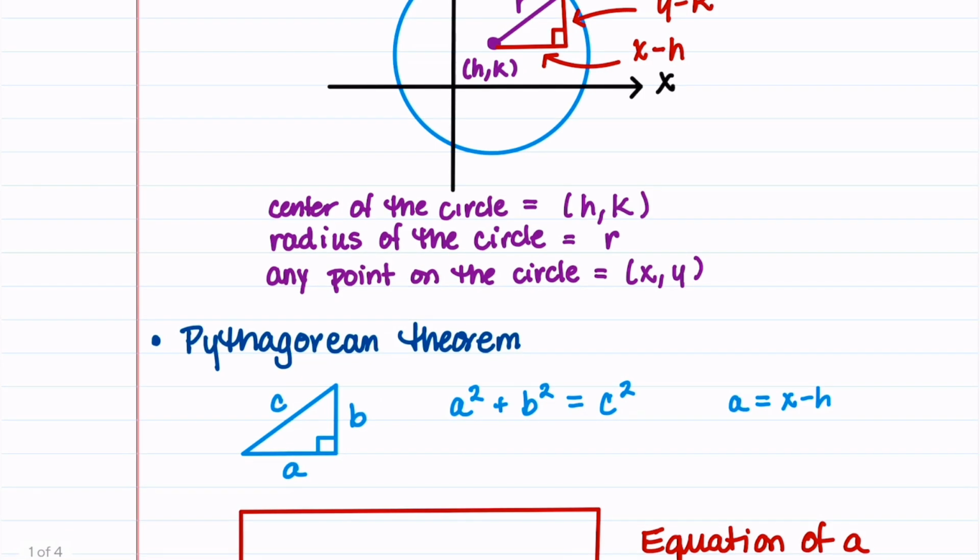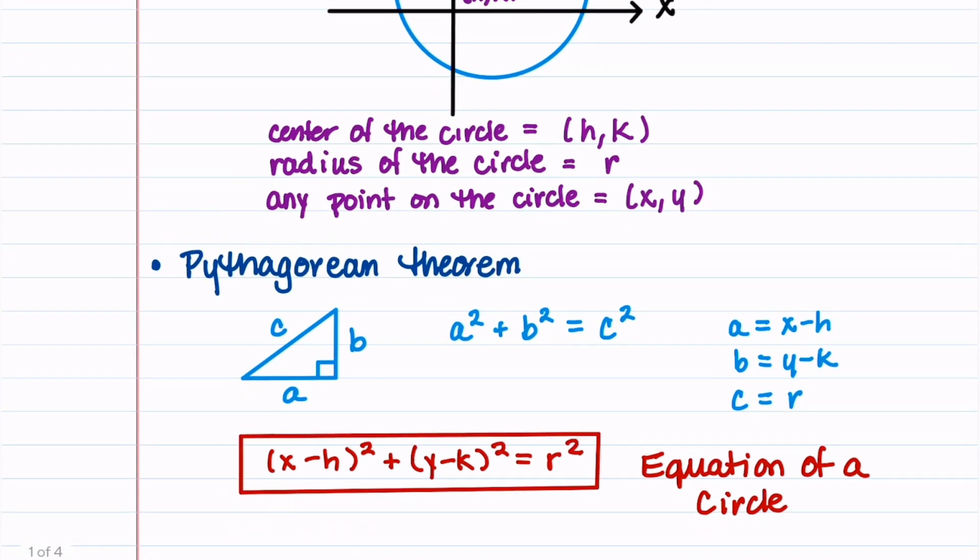We see that b is equal to y minus k, the side leg of the triangle, and c is equal to our radius r. If we plug these into our Pythagorean theorem equation, we end up with x minus h quantity squared plus y minus k quantity squared is equal to our radius squared. And that's the equation of any circle.